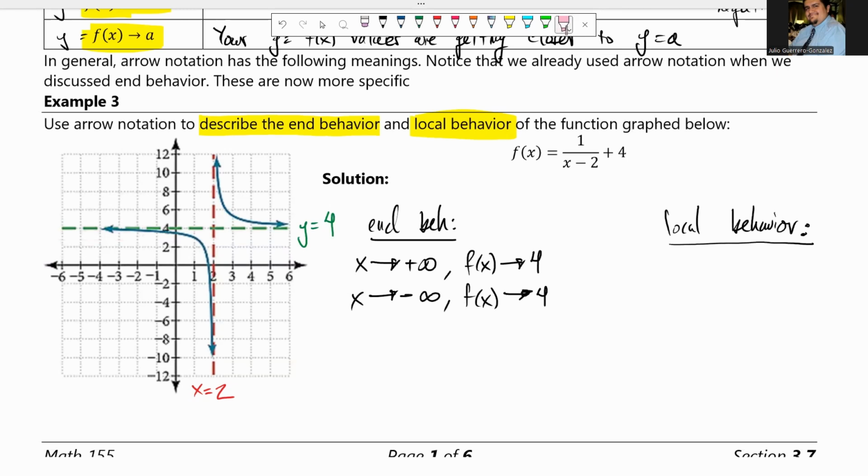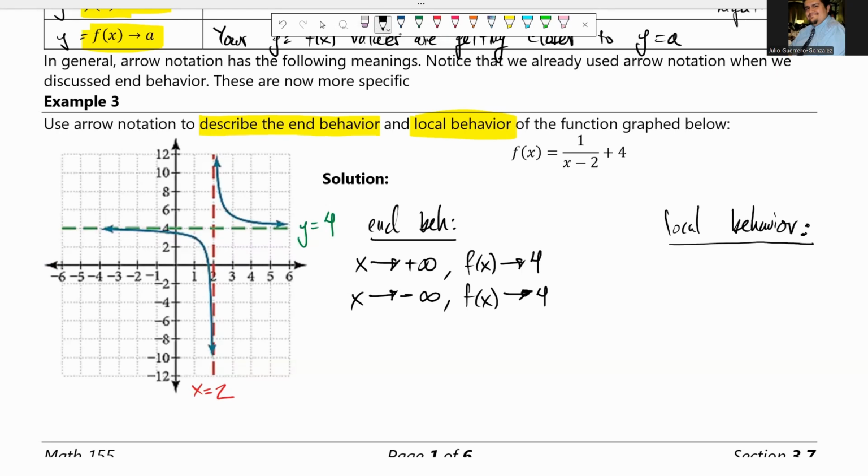Okay, local behavior. This is where we're looking at what's happening close to the origin, close to 0, 0. You see that line right there? That is one of our local behaviors that we want to describe. This is where it gets a little funky.